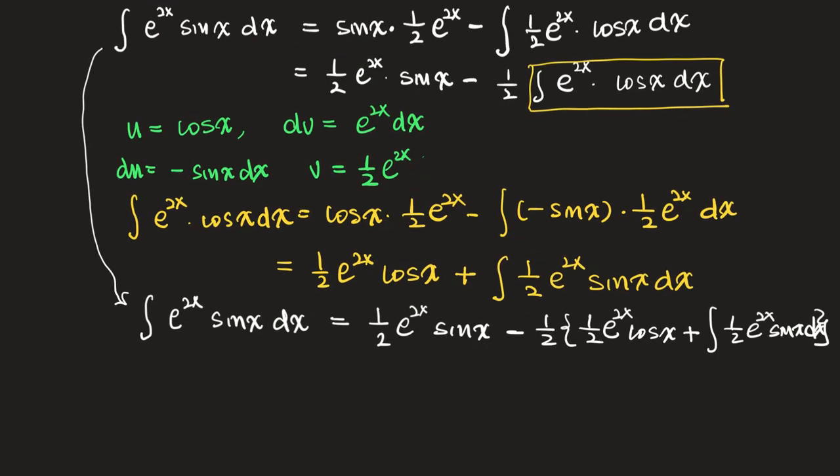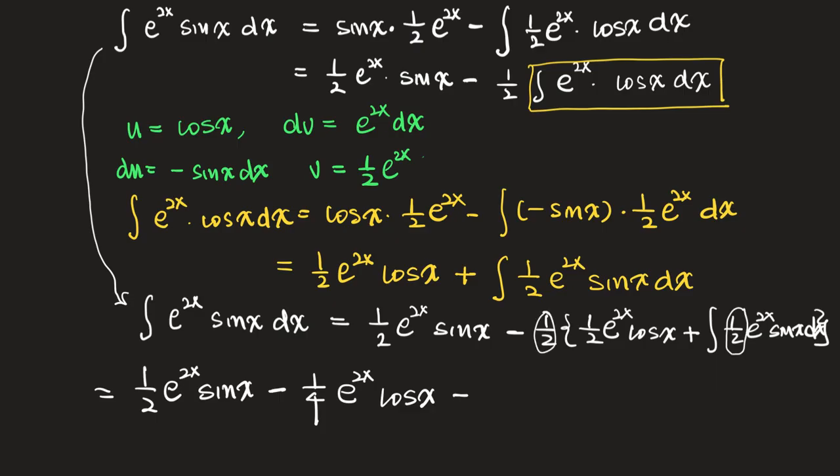Let's simplify: 1/2 e to the 2x sine x minus 1/4 e to the 2x cosine x minus 1/4 integral e to the 2x sine x dx.